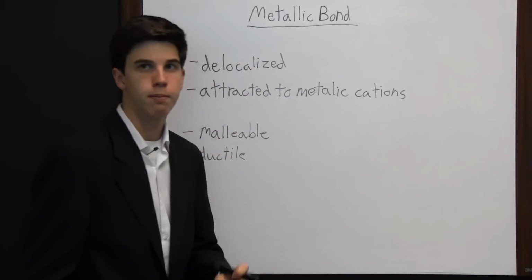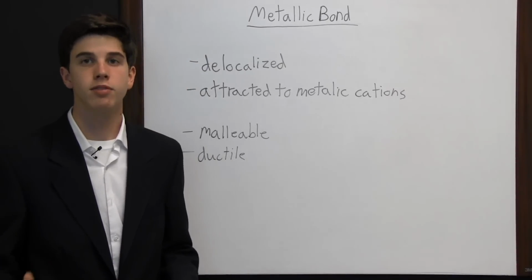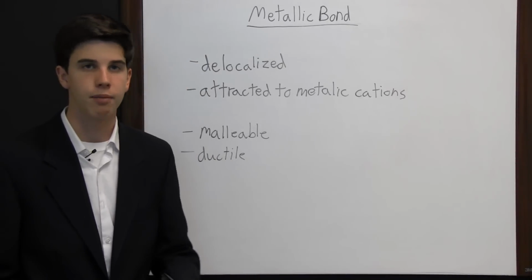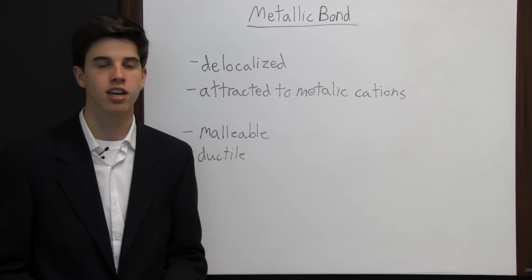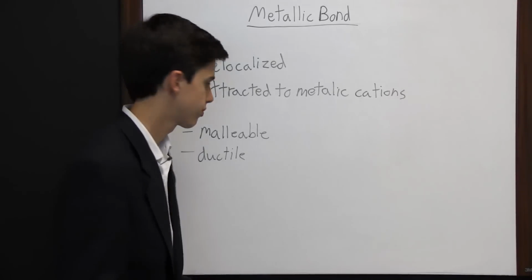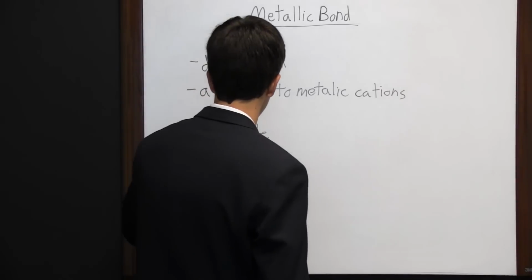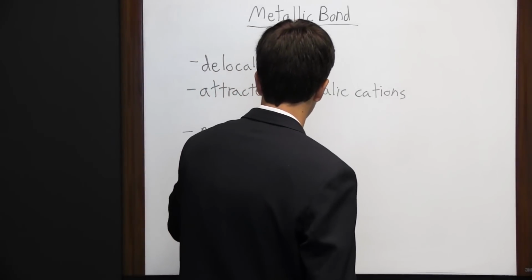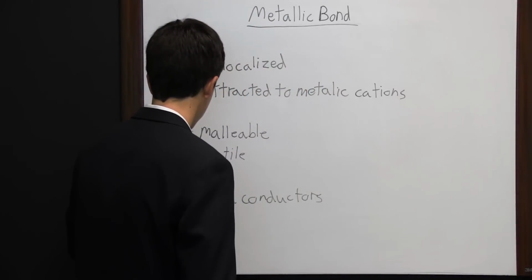In addition to being malleable and ductile, metals have varying melting points from low to high. And the sea of electrons moves freely and conducts electricity, so metals are good conductors. I'm going to write good conductors. We also said they have variable melting points.